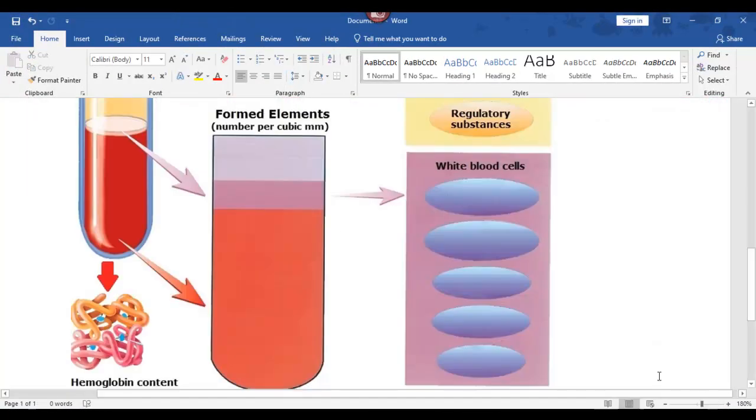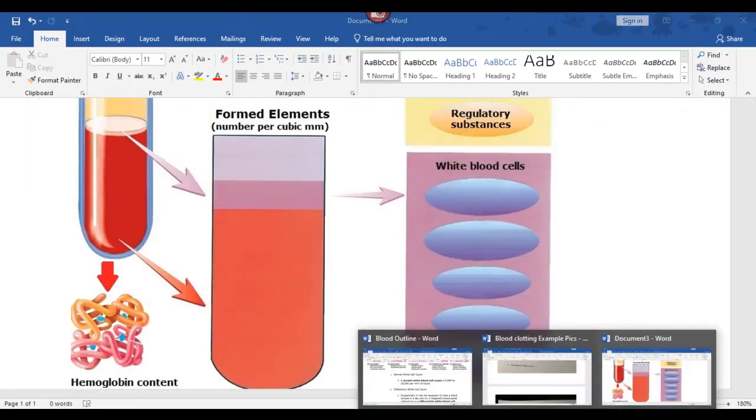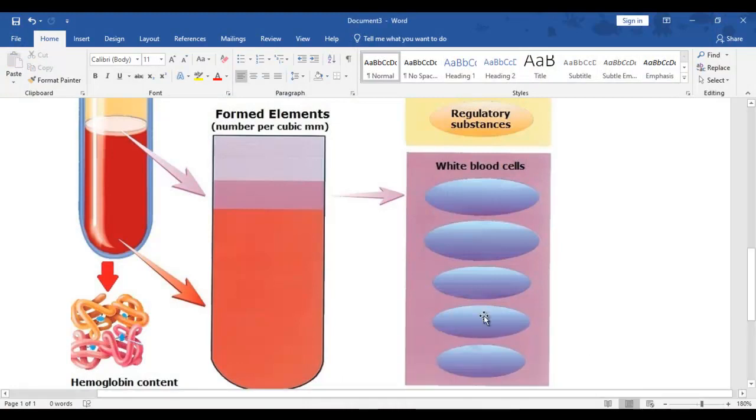Okay, now in regards to this area here, you have to know the values for what is a normal blood cell count, a CBC. That area I've decided represents platelets. This area here is representing the white blood cells, and this represents how many red blood cells are in the formed elements.